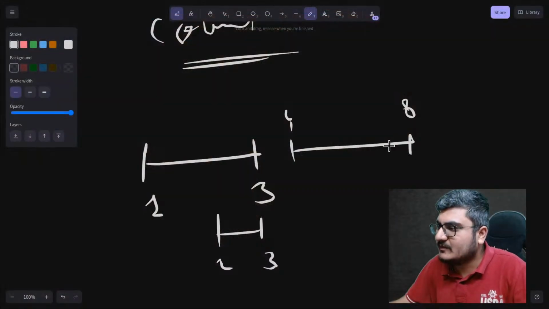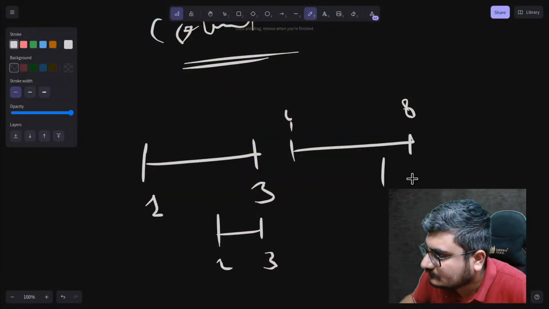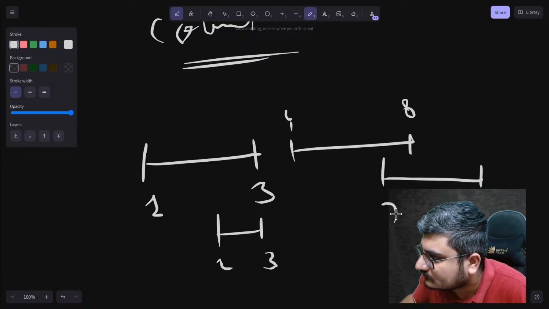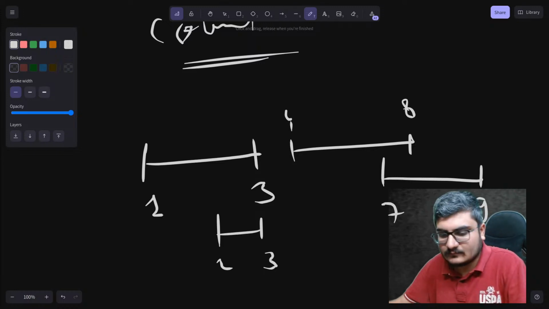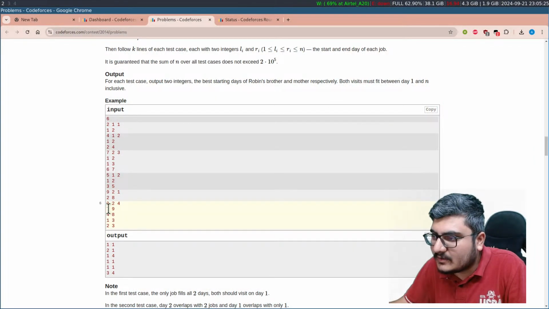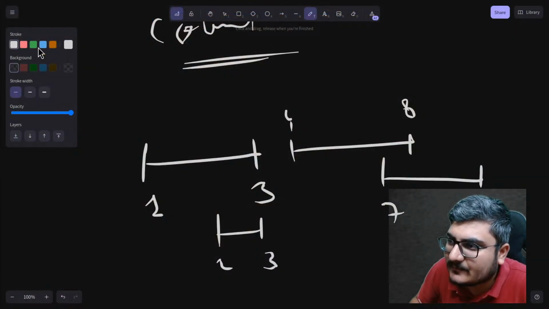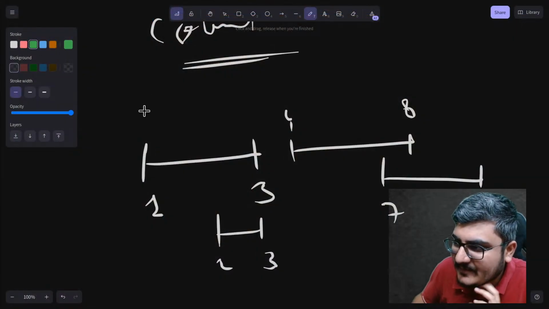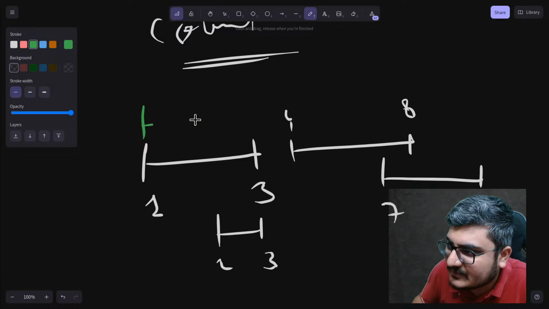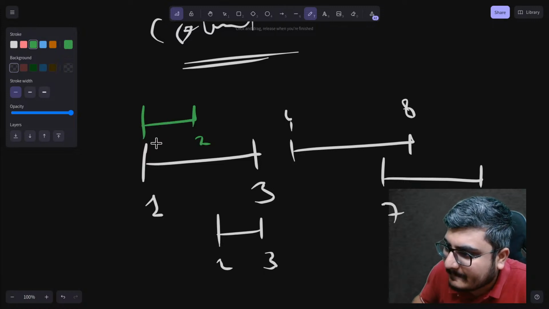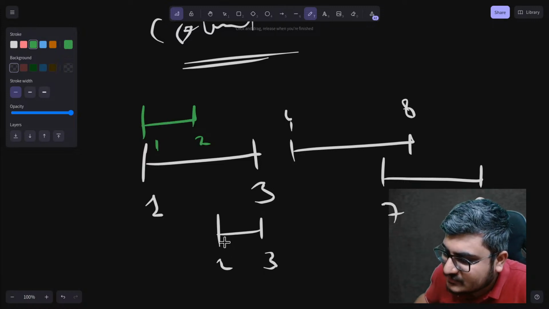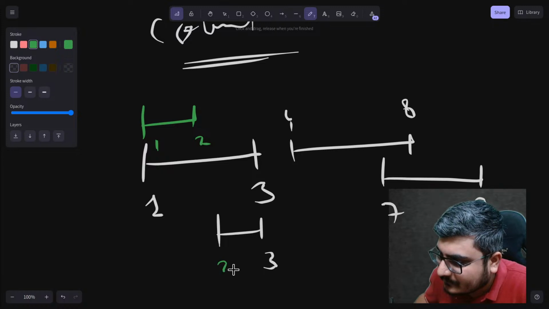And one job is between day 7 and 9. Robin works for, let's say, 2 days at a time. Then first we will start with one pointer here and we will see how many jobs overlap between 1 and 2. And we will put these two values into the queue.